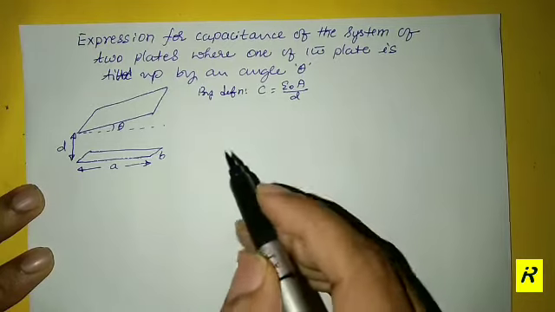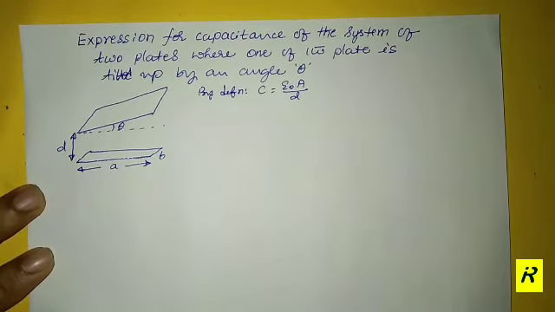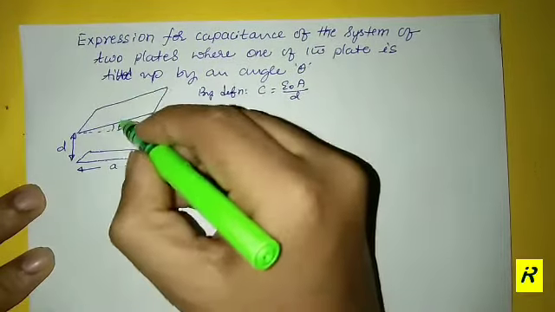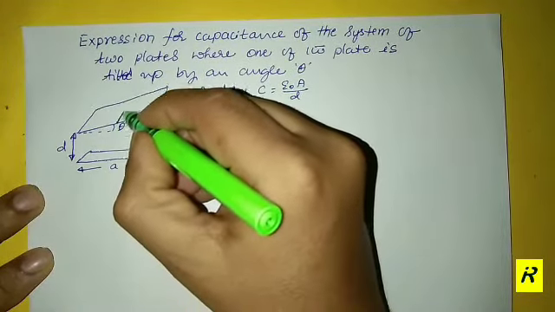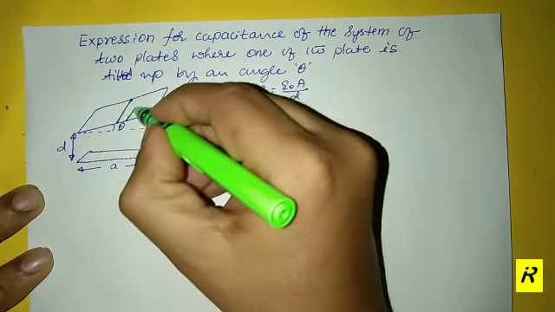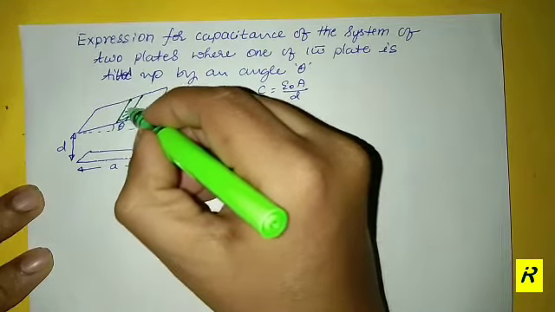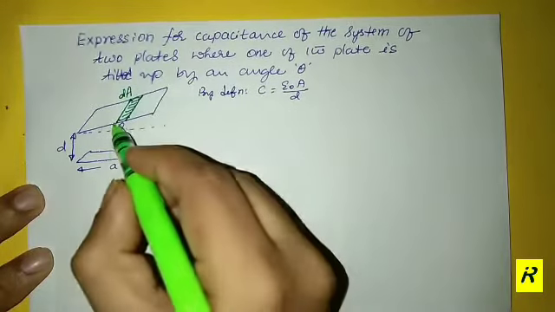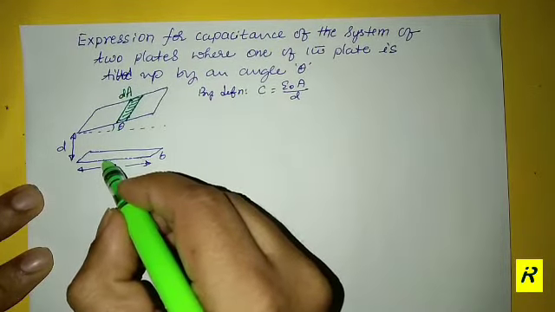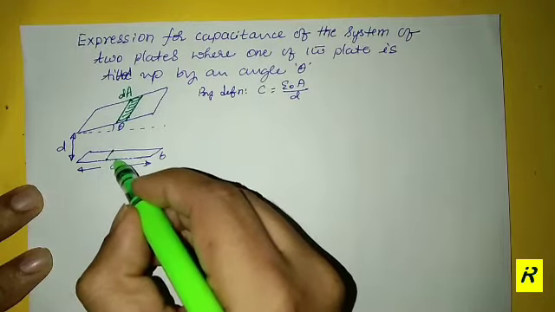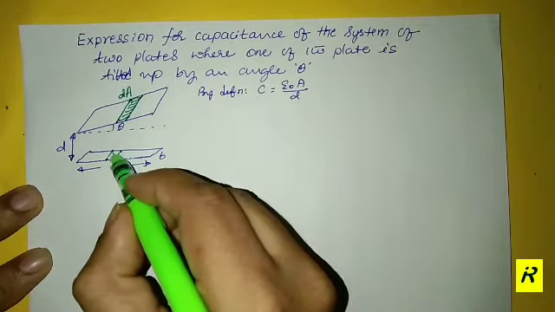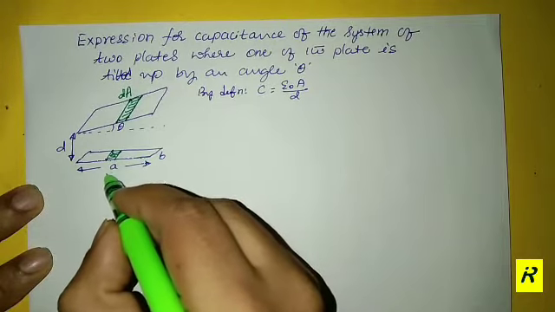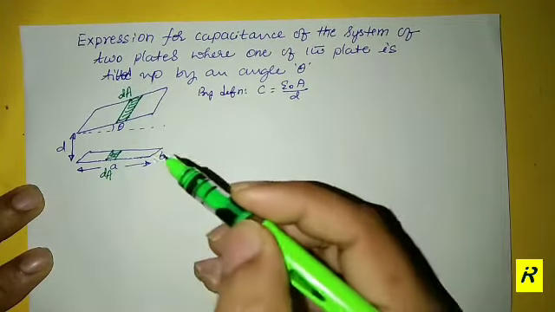For that, I suggest you mark a small area element somewhere here. This is the area element we are simply choosing, and this area element is dA, whose mapping on this plate is like this. This is the mapping of the same area on the bottom plate, and it also has the same area dA.